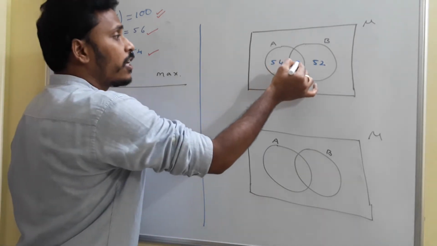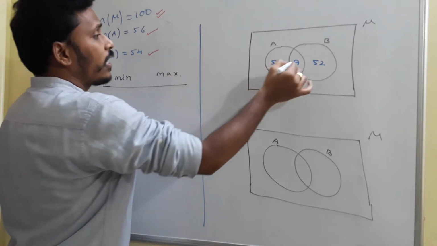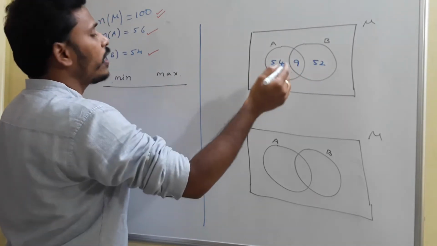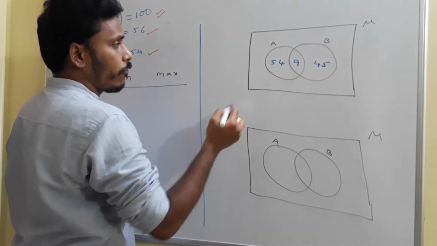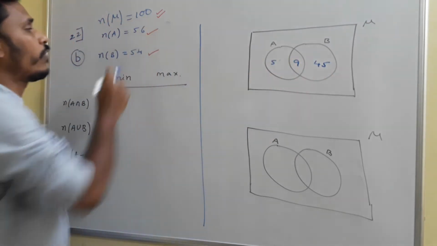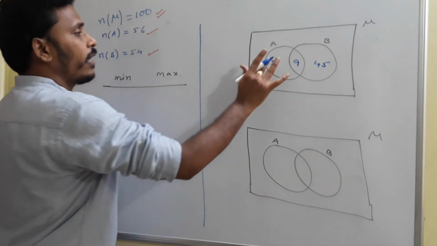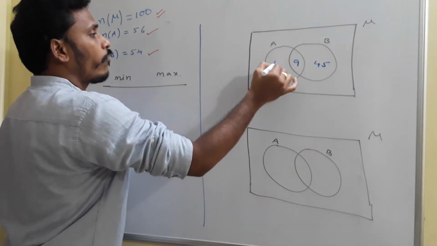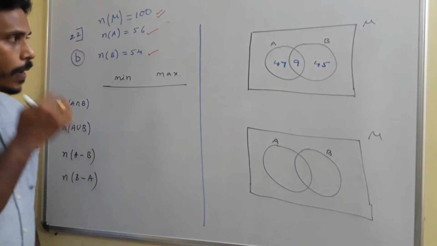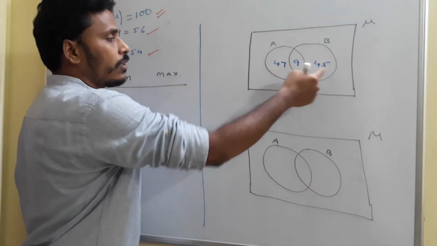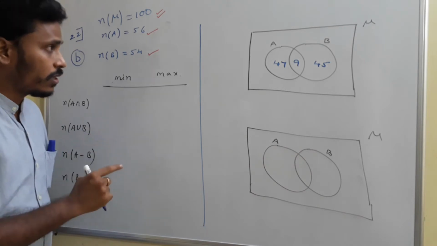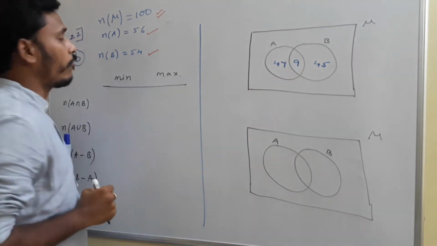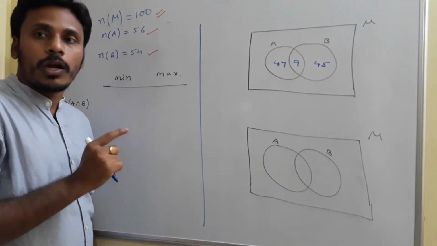So if I take 9 here, what will happen? In the second set B, it is 54, so 54 minus 9 is 45, and 56 minus 9 is 47. Now add all three: 47 plus 9 is 56, and 56 plus 45 is 101.